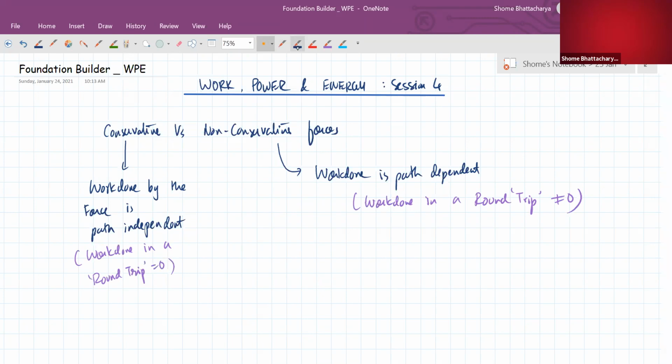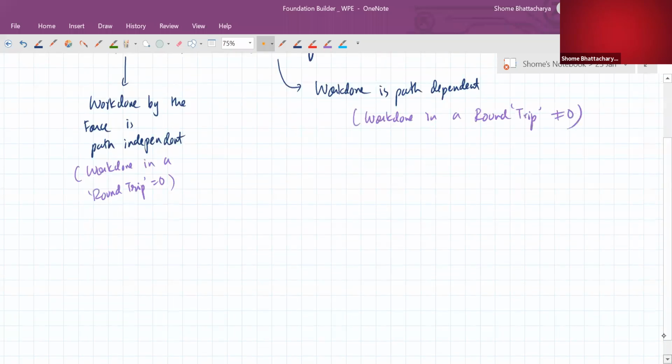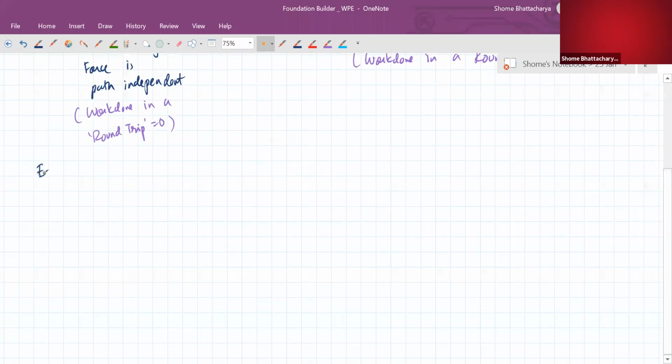So let's look at an example of a non-conservative force. Kinetic friction is an example of a non-conservative force, and it's very easy to understand how that's happening.